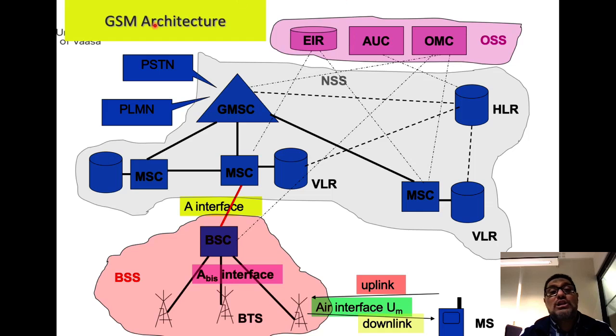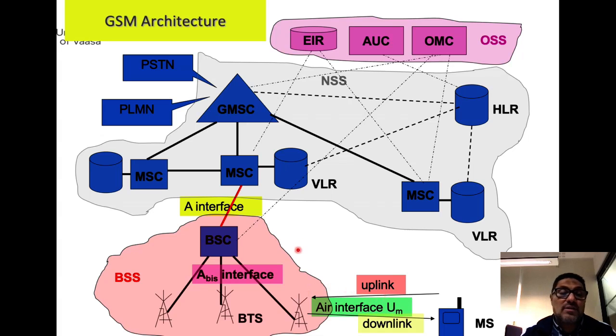Okay, cellular network. This is the basic GSM architecture, where we have the base station controllers. We have the base transceivers, known as the base station, which can communicate with the mobile network, and from the base station to the mobile is called downlink. From the mobile to the base station is called uplink.